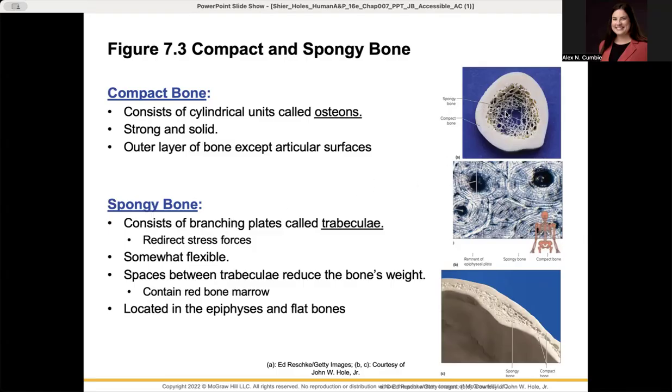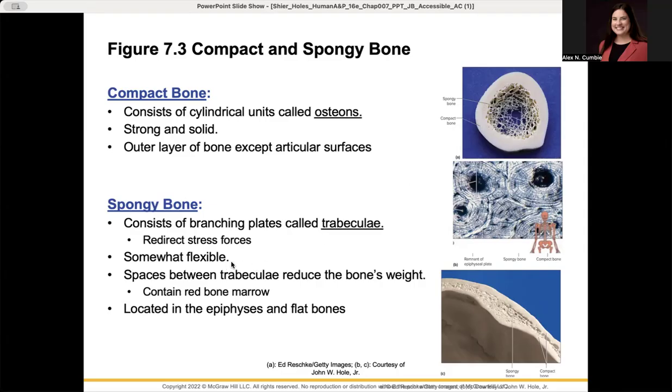Inside the bone, you can see this sponge-like material. This is called spongy bone. It's also called trabecular bone because all of these little branching plates creating that porous structure are called trabeculae. So spongy bone or trabecular bone, these are more lightweight, and they are filled with holes because bone marrow is going to be inside of these.